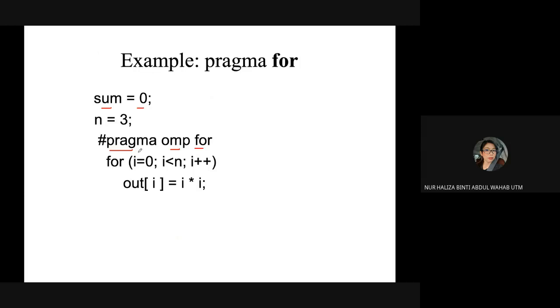For, you have I equal to 0, I less than n, and I plus plus, meaning your I will first start with the 0 value. And then you're going to have a loop, right? Basically, for will be looping if you have these specific cases or scenarios.